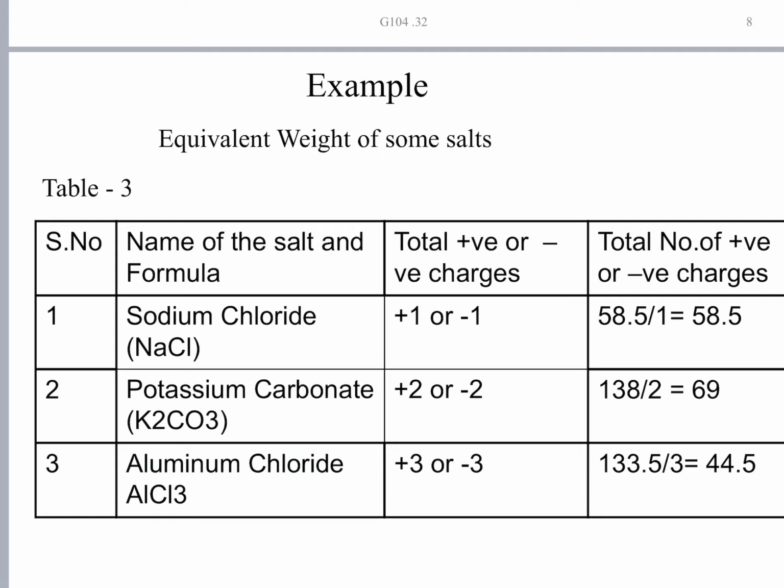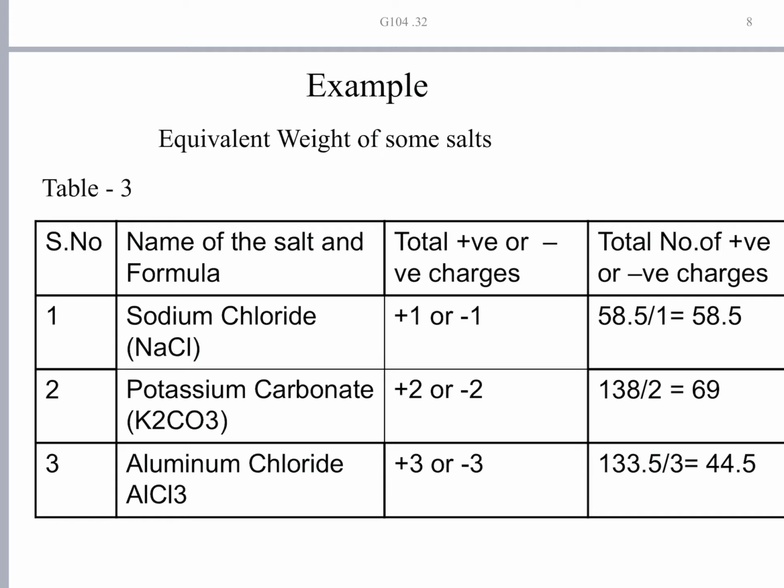Let's take the case of aluminum chloride. Aluminum chloride dissociates into Al3 plus and 3Cl minus. So here the total positive or negative charge is 3. Positive charge is plus 3, negative charge is minus 3. So the charge is 3.